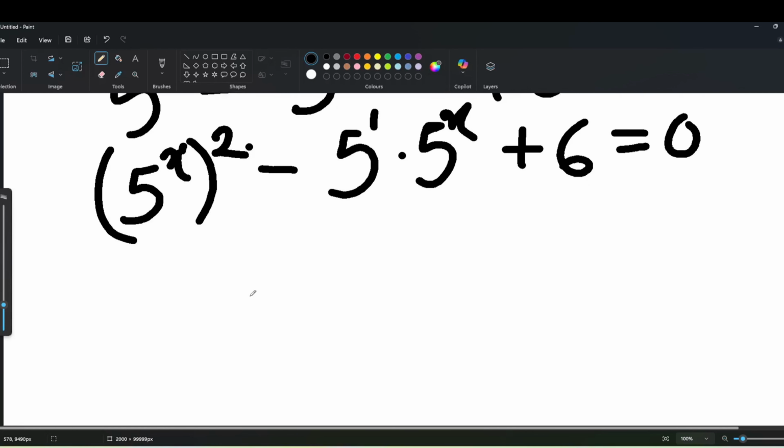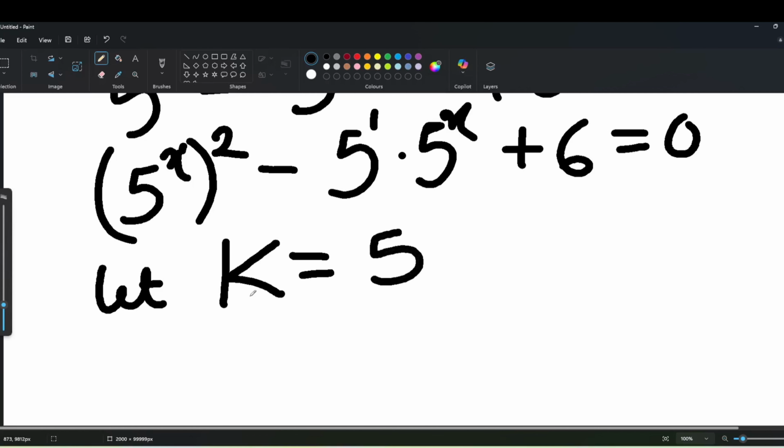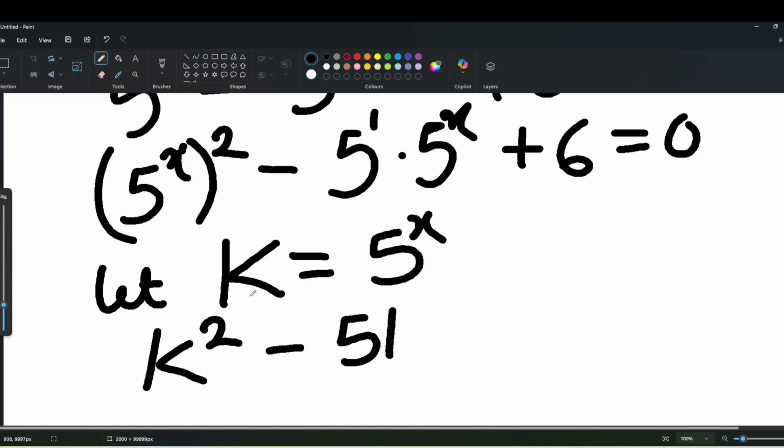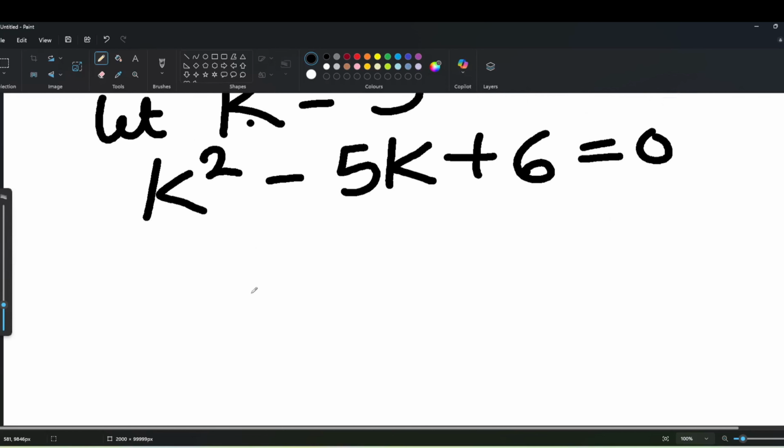And from here now we've been able to see that 5 raised to power x is common, so we say let k equal 5 raised to power x, so that this becomes k squared minus 5k plus 6. So this expression has now become a quadratic equation that we can solve using the method of factorization.